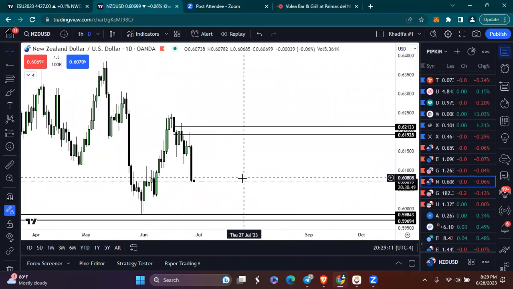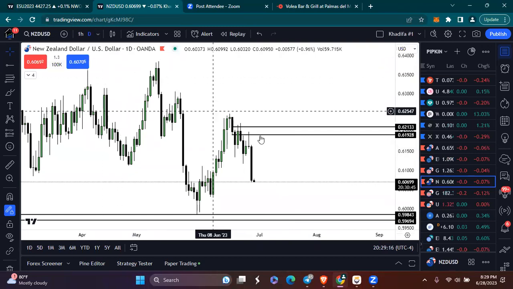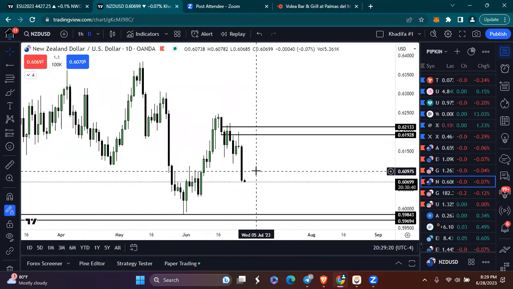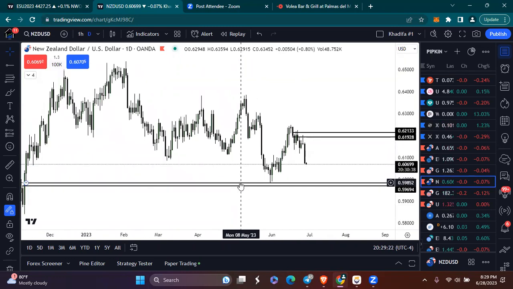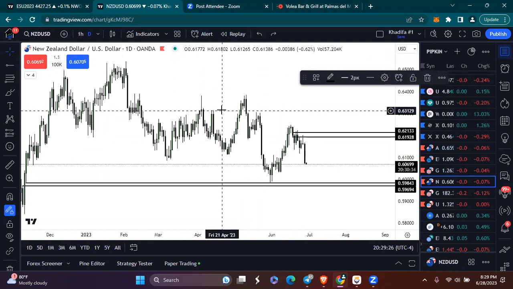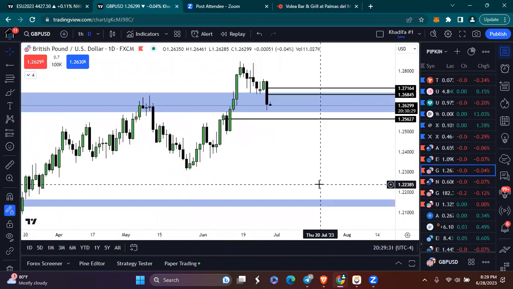Yep, it's good. It's what it's looking like for NZD USD. So we might see currencies just roll over all the way across.